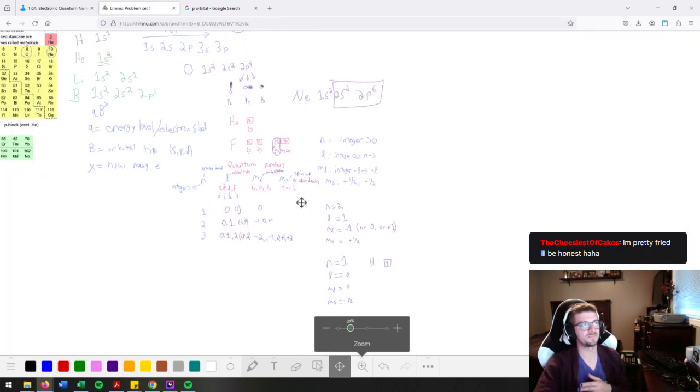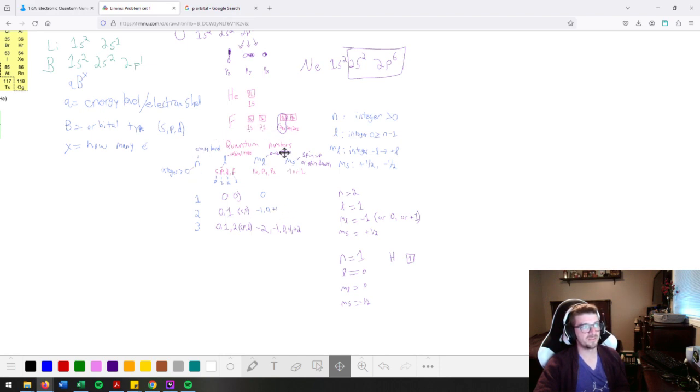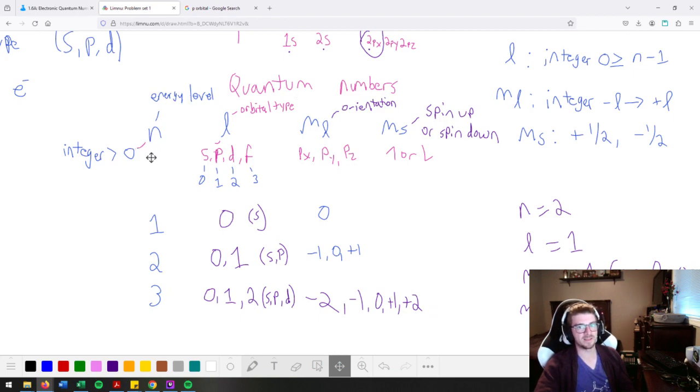But the important takeaways are that the electron configurations follow a specific pattern that is described by these quantum numbers, and once you get used to what each of the numbers means, it's like n is the 1 or the 2 or the 3 in front of the letter, it's the energy level. L is just telling you what shape is the orbital. Is it spherical?